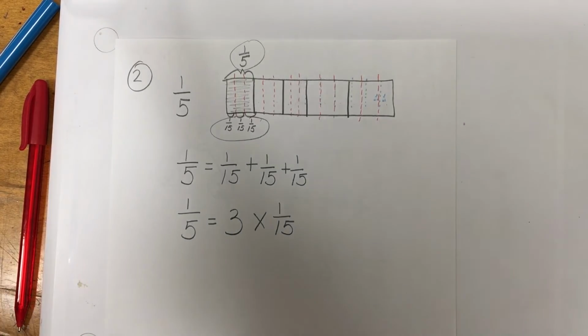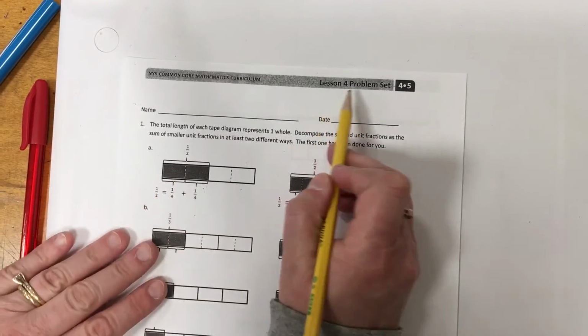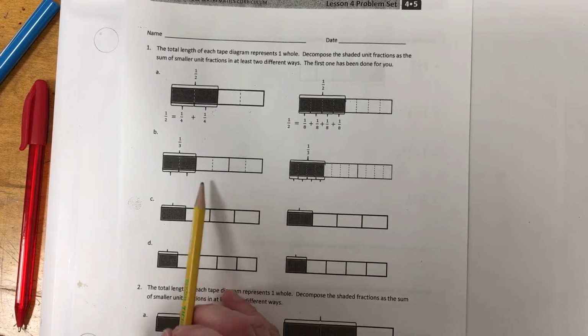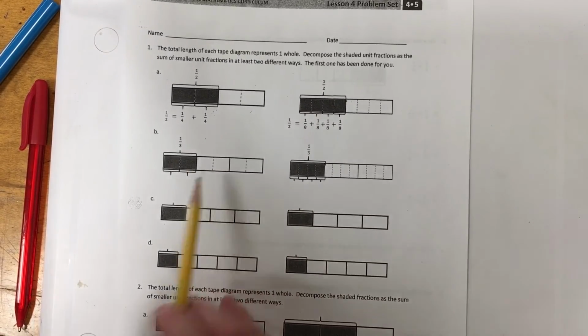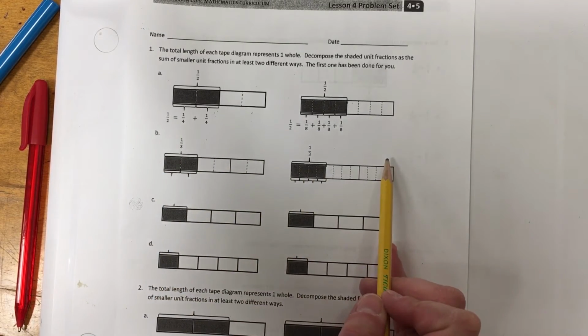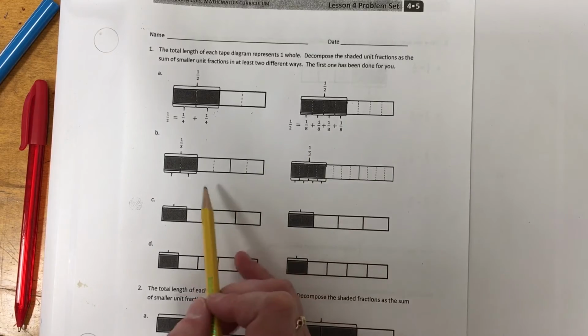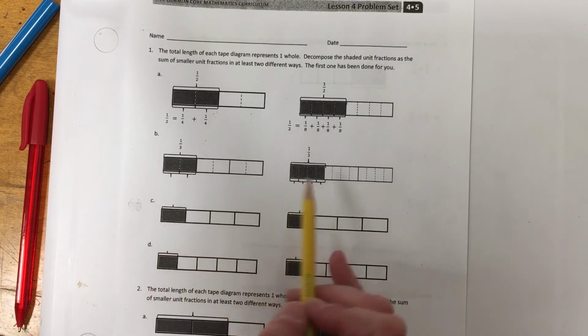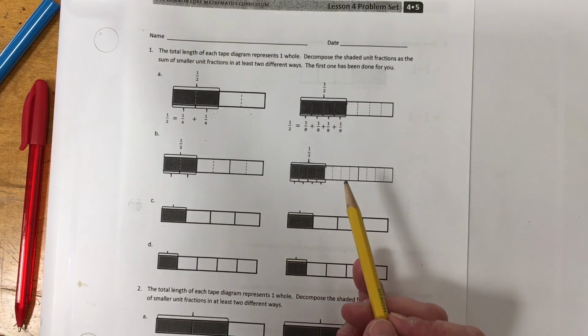All right, let's go to the problem set. It should say lesson 4 problem set. A has been done for us. So what you're going to do is you have a tape diagram and the whole thing represents one whole. And what they've done is they've shown the same amount, but they've broken it down differently.